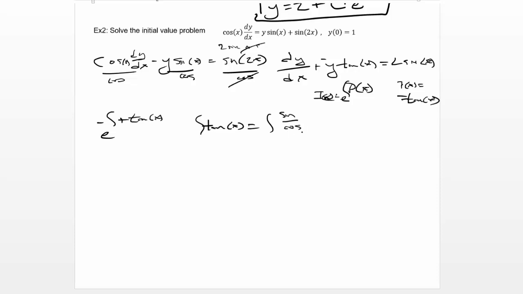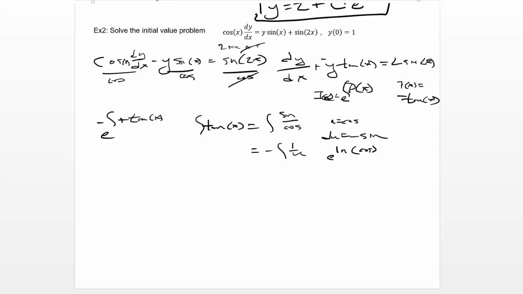If we let u be cosine, this is a u substitution, then du is minus sine. So this is really of the form minus the integral of 1 over u. This integrating factor is really e to the natural log of u, and u was cosine.